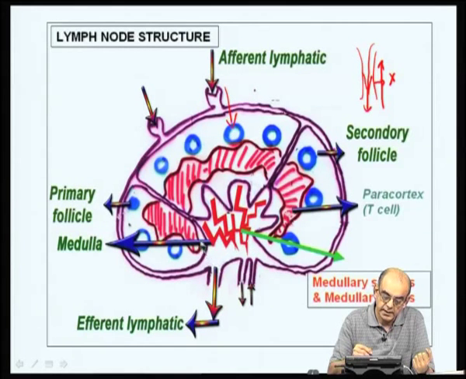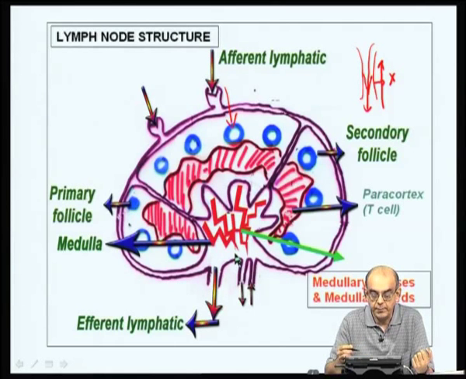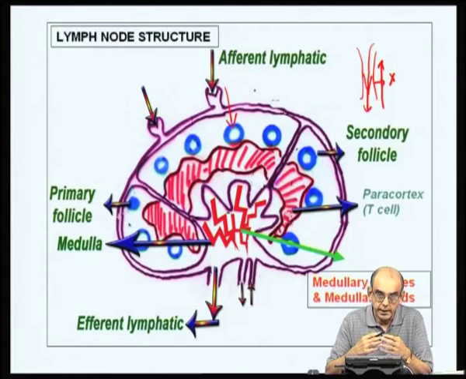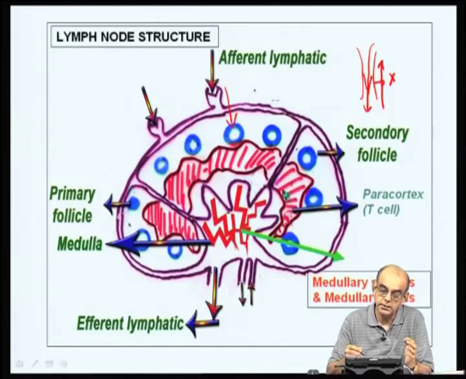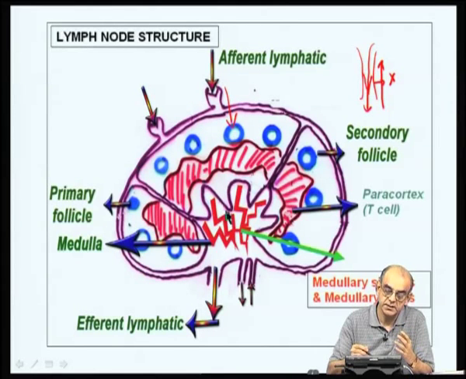So, this contains an aggregation of plasma cells. So, what does this medulla contain? It contains a collection of sinuses. Sinuses are basically spaces, also called medullary cords and medullary sinuses, along which all these plasma cells and T helper cells which are helping these B cells migrate and start to accumulate.